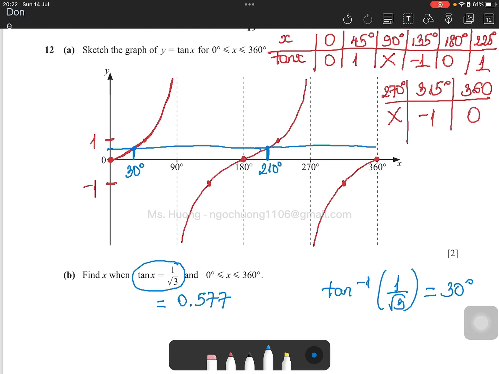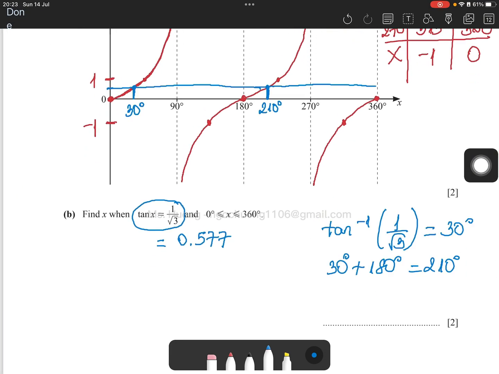So I would say 30 plus 180 equals 210 degrees. So we have two solutions. The first one is 30 degrees and the second is 210 degrees. This is the end of the test.